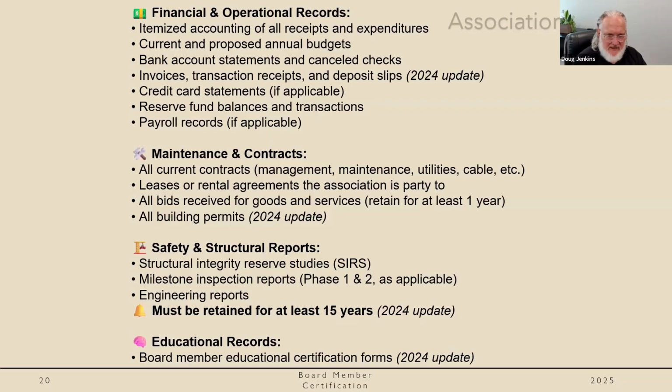All building permits, that was again an update in 2024. Under safety and structural, the Structural Integrity Reserve Study, commonly called the SIRS, and we'll talk about that in more detail. The Milestone Inspection Report, Phase 1 and 2 if applicable. Again, we'll talk about that in more detail.